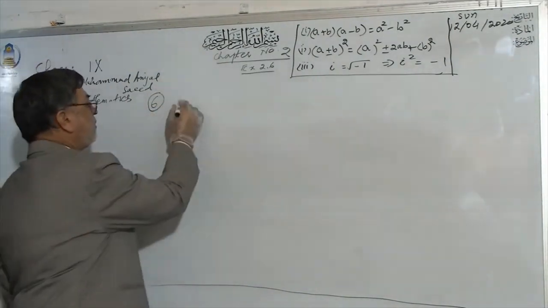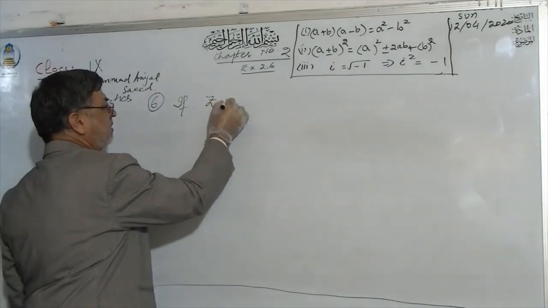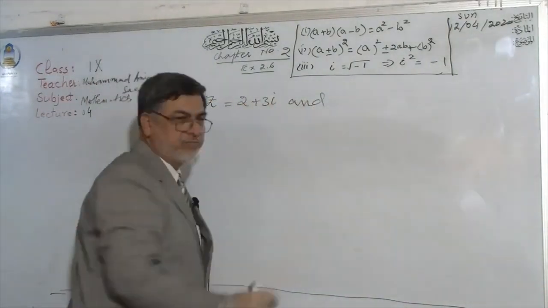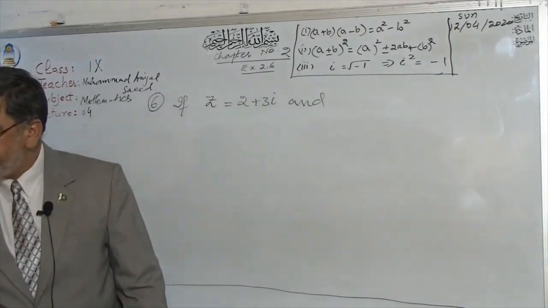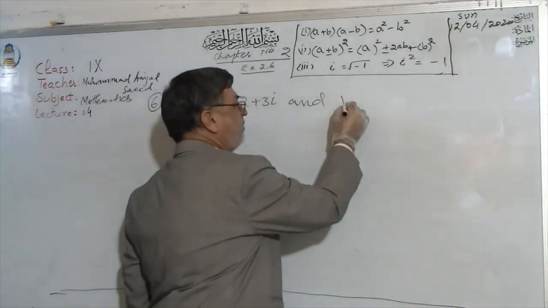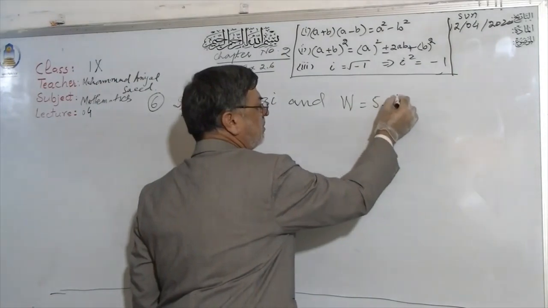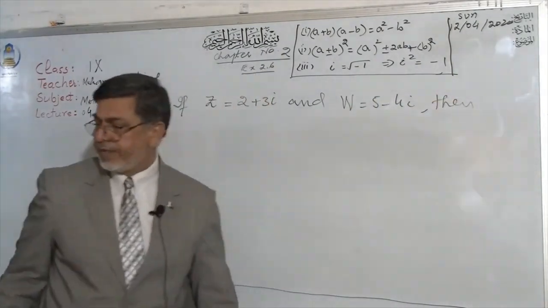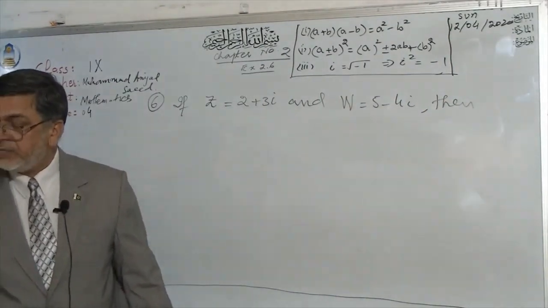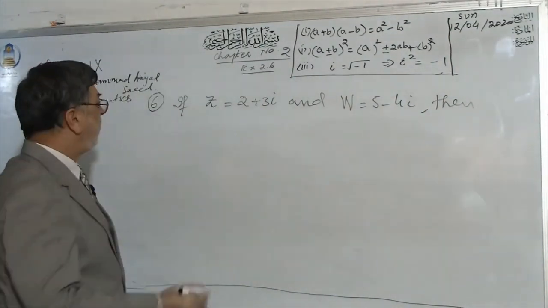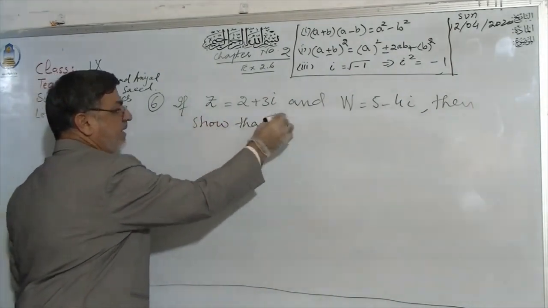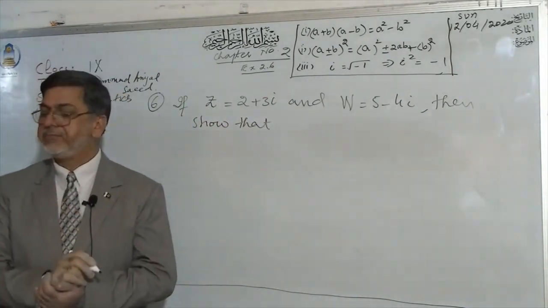If z is equal to 2 plus 3 iota and w is equal to 5 minus 4 iota, then we have to show that left hand side is equal to right hand side.